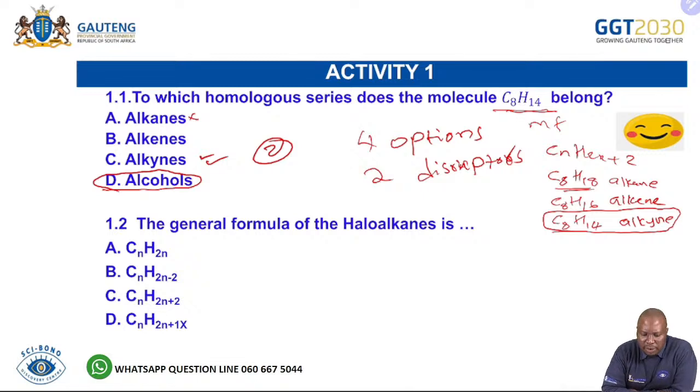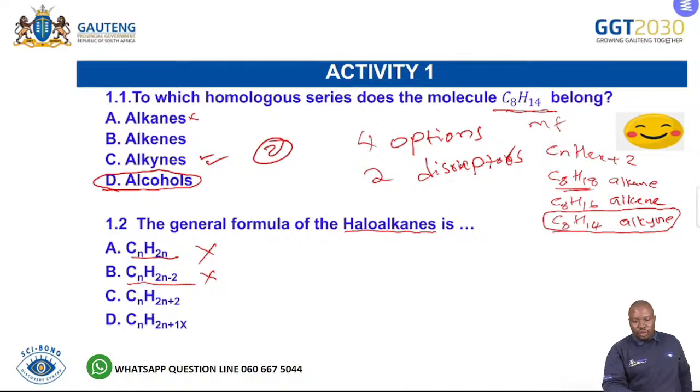Now, the question is, what is the general formula of the haloalkane? You know haloalkane. We said halo, which is bromo or chloro, is a substituent. It's going to substitute 1 hydrogen. So obviously, you can see here we have removed 2. So this one is just disrupting us. This one as well, we have removed a further 2. So this must be an alkyne because of the number of hydrogens removed.